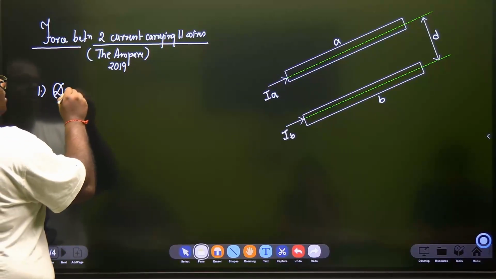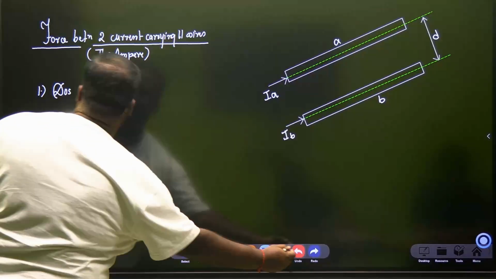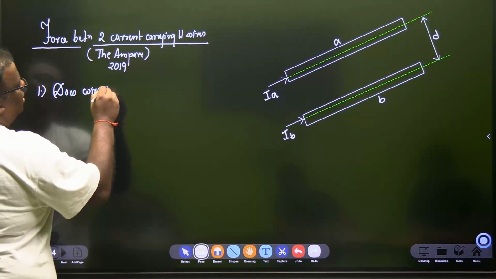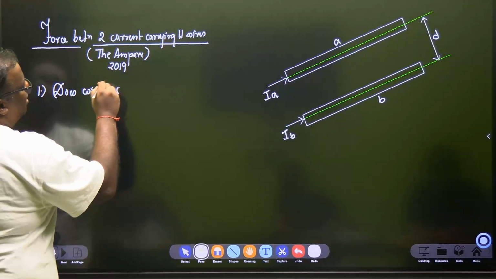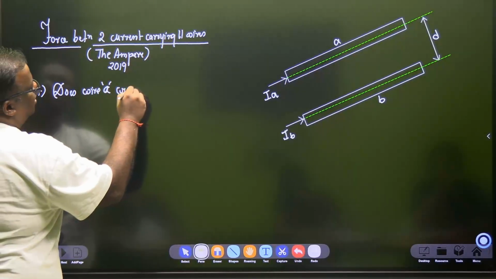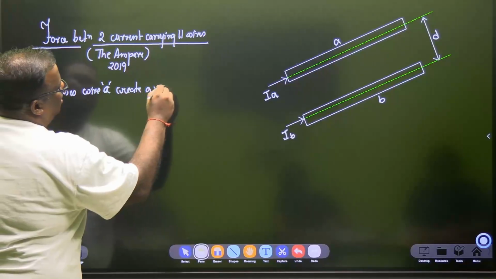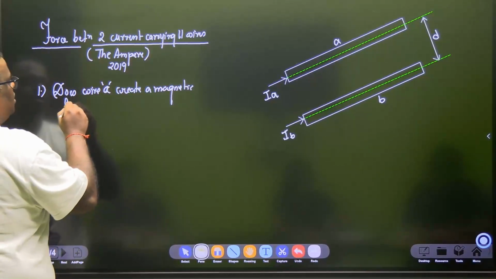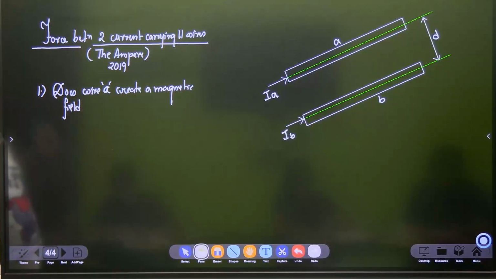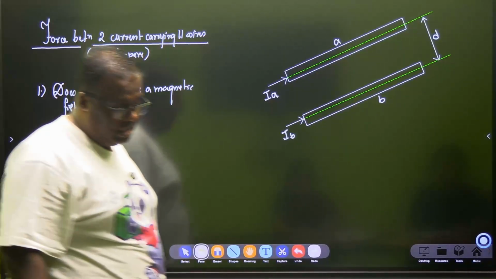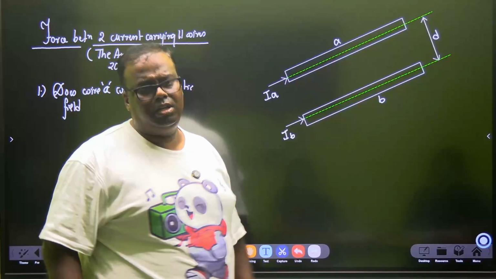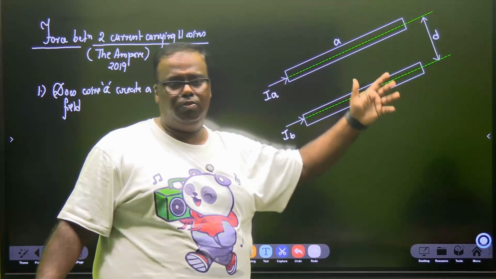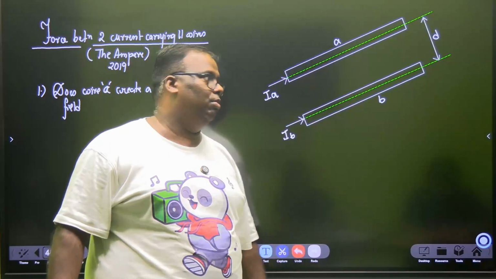Does wire A create a magnetic field? Ask yourself, does wire A create a magnetic field? Yes. A current carrying wire creates a magnetic field. Any doubt about it? No doubt about it.